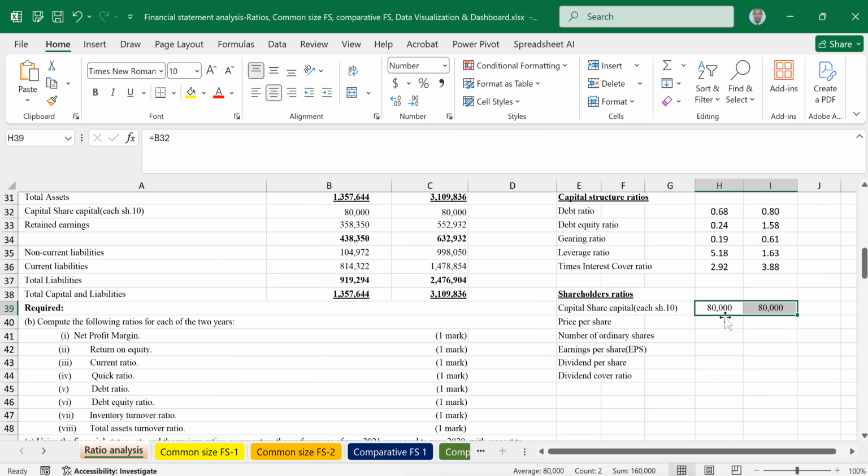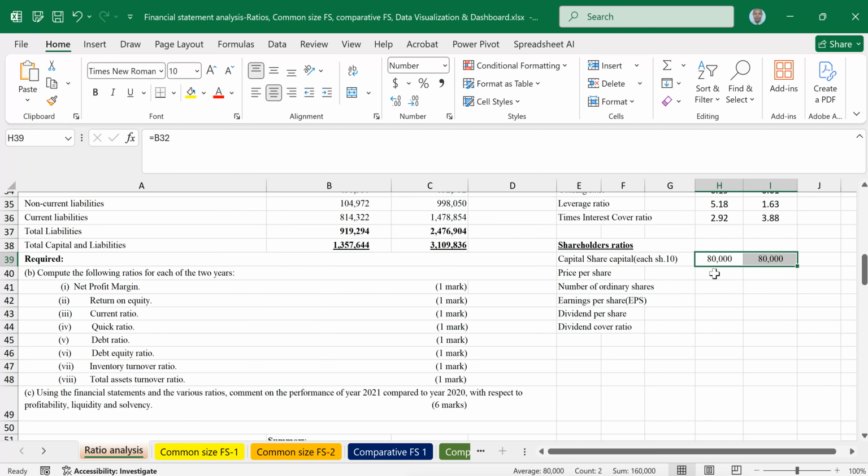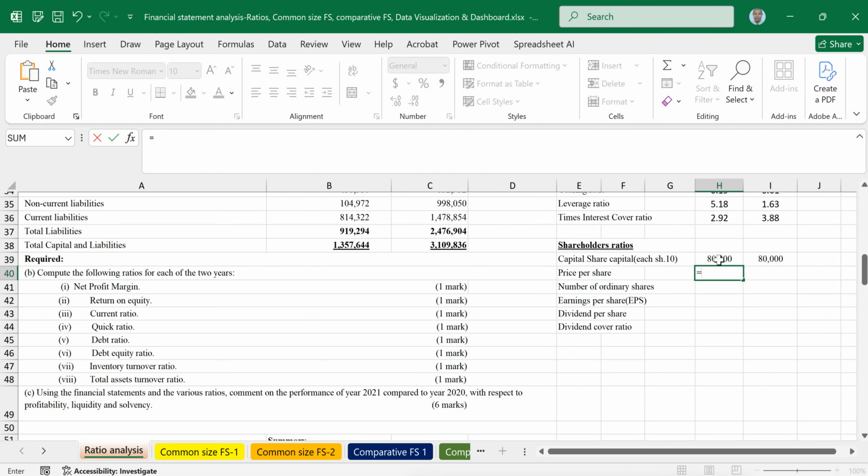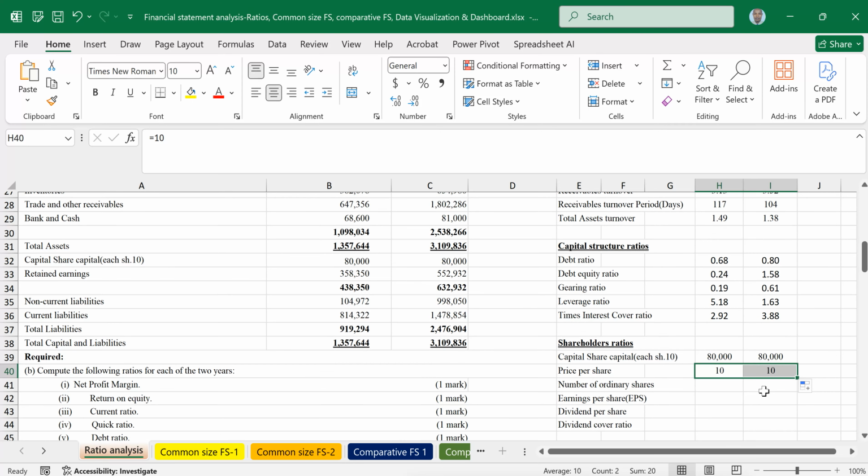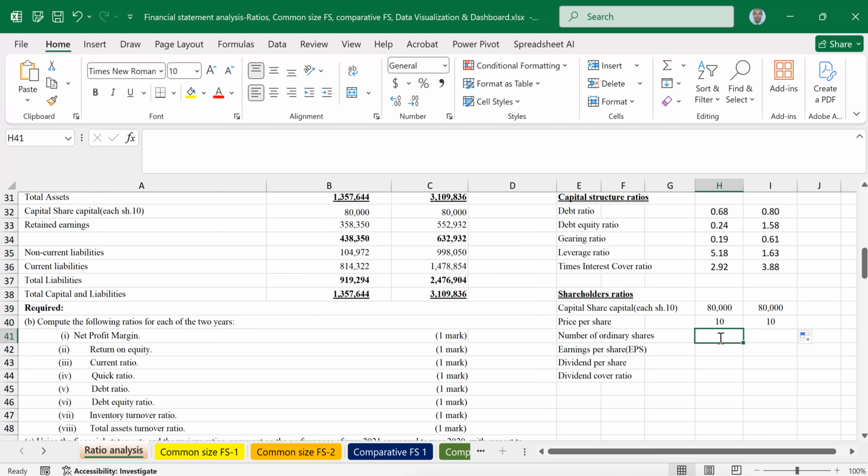Price per share will be 10 bob. Par value is 10 bob. It's given even in the question. Number of shares will be equal sign 80 divided by 10. The number of shares are 8,000 and that runs across.